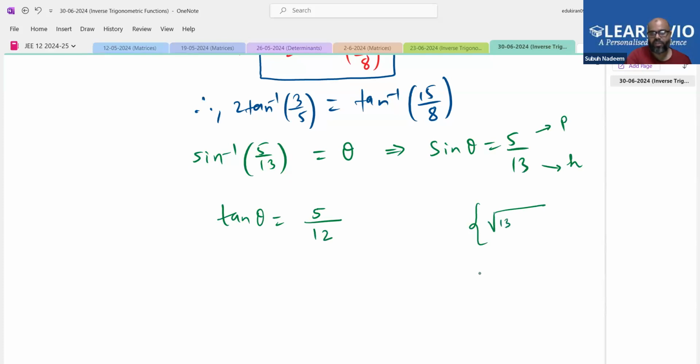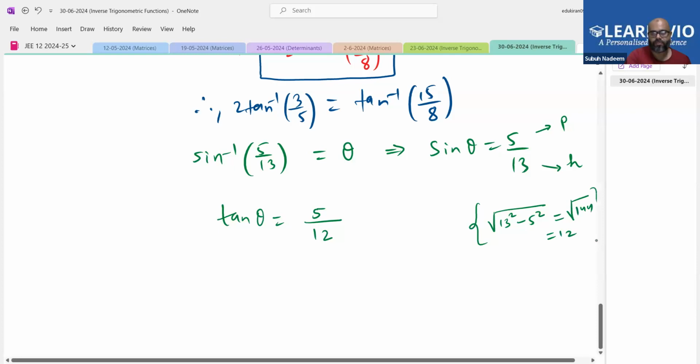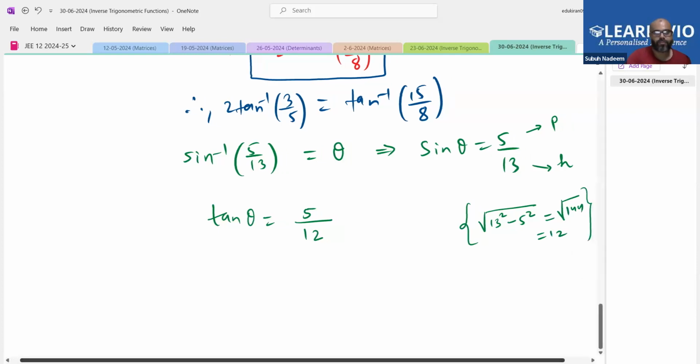Root over 13 square minus 5 square. 13 is the hypotenuse, 5 is the perpendicular. This will become 169 minus 25, which is 144. So this will be 12. So tan theta is equal to 5 by 12, which means theta is equal to tan inverse 5 by 12.